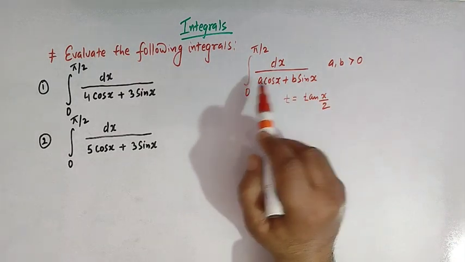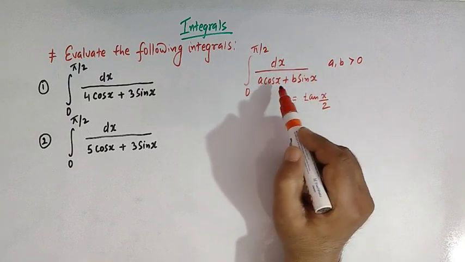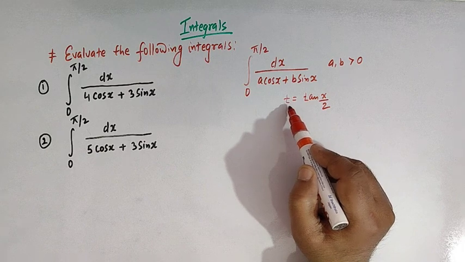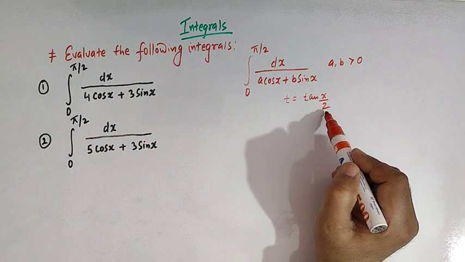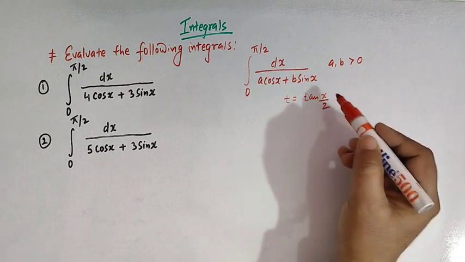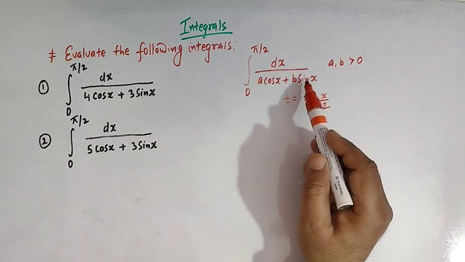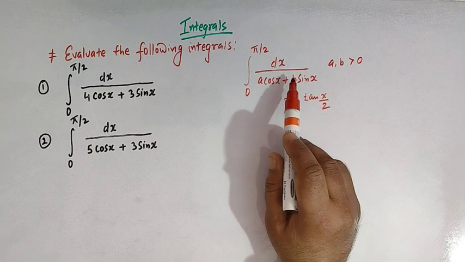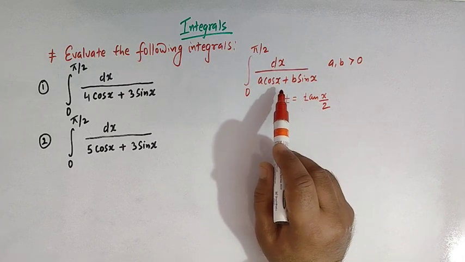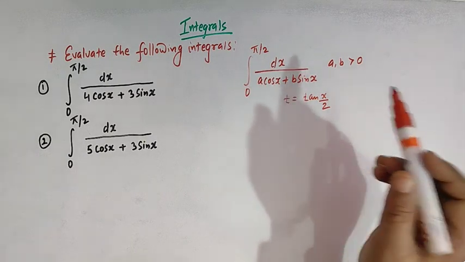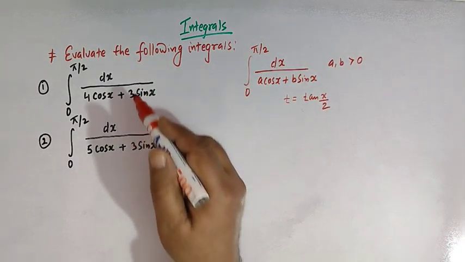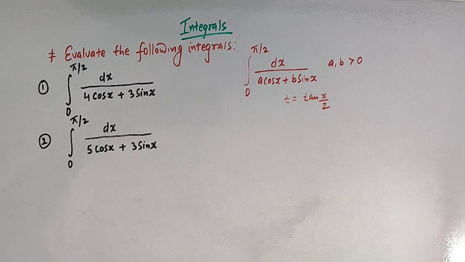If we solve in the usual manner, we make the substitution t equals tan x by 2 and convert the integral in terms of t. But here we'll directly write the value of this integral, and then apply that formula to get the values of these two integrals.